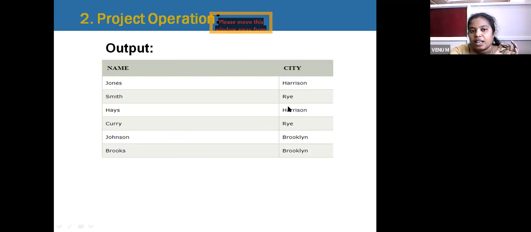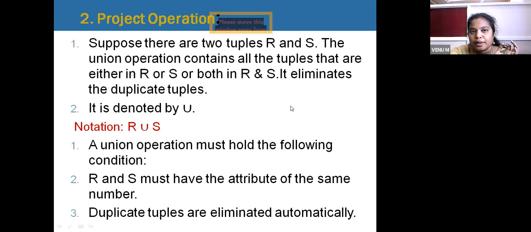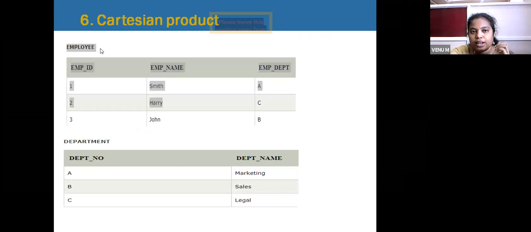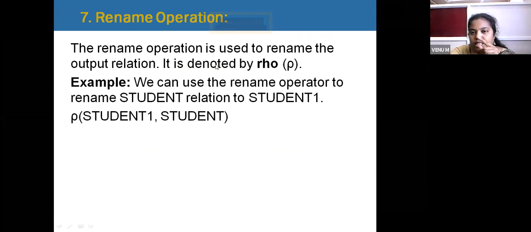Okay. So next, renaming. For example, the rename operation. The rename operation is used to rename the table name, the output table name. Suppose I want to change my student table to student 1.